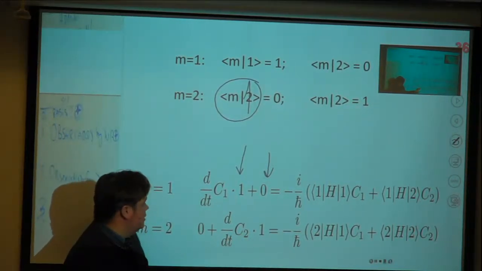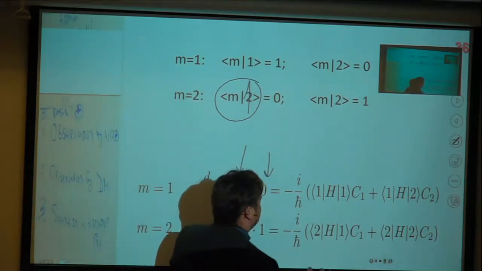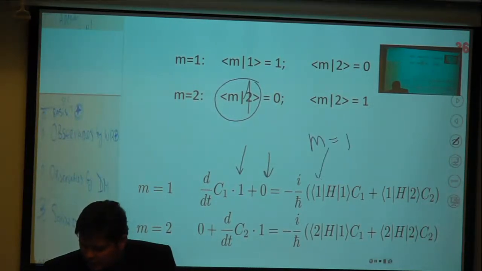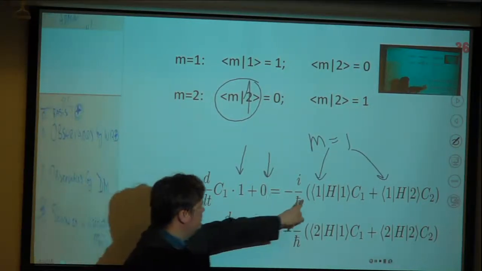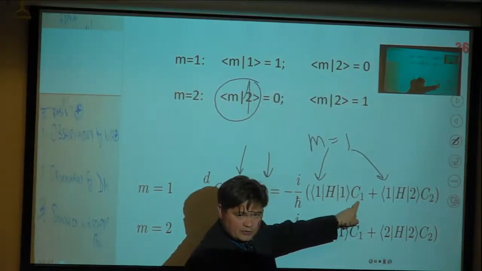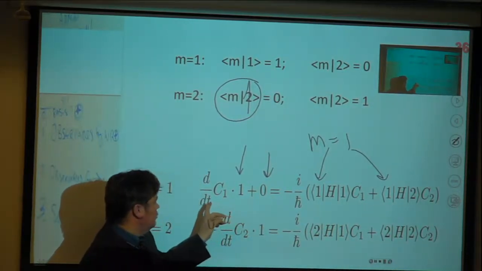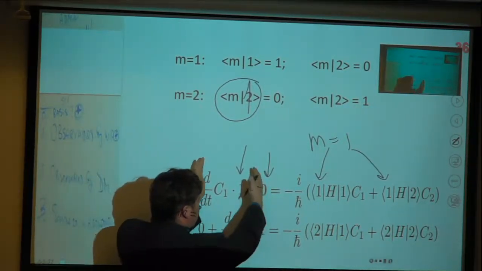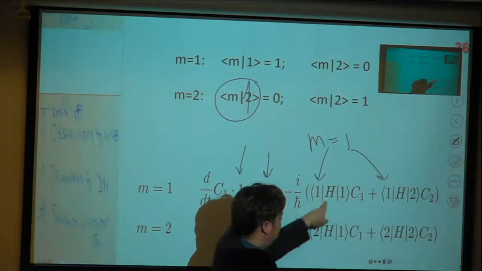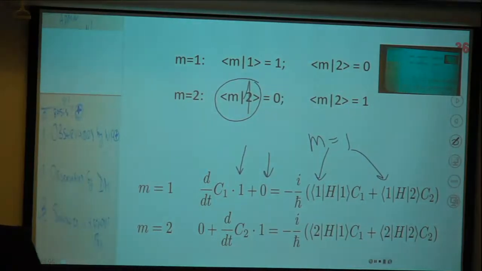On the right side, we were plugging in m equals 1 here and there. And you see that there is a convolution of matrix element times expansion coefficient. We are almost done. Now we can realize that this can be considered as a column vector, and this is the multiplication of this matrix by this column vector.